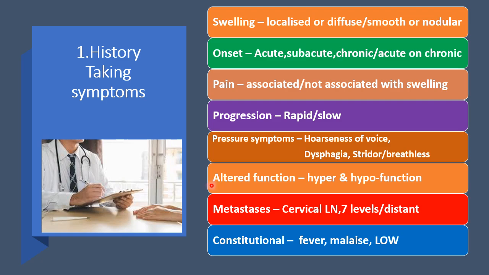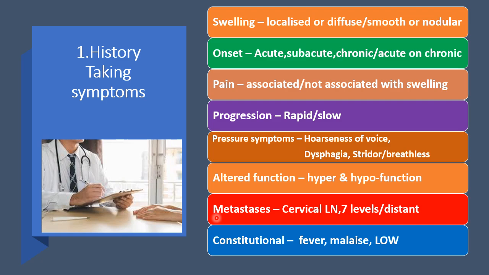The other important symptom is altered function. It can be hyperthyroidism, thyrotoxicosis, or hypothyroidism, myxedema. See whether these patients have signs or symptoms of hyper or hypothyroidism, which you must be familiar with.